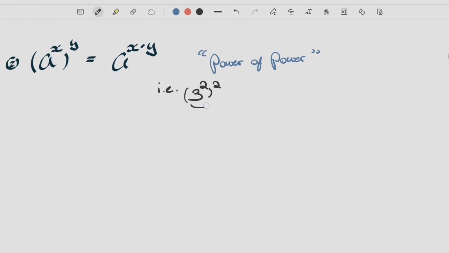You could solve it by first taking 3 squared, that's 9, squared, and then that's 81. Or you could take 3, 2 times 2, 4, which is also 81. Same thing.